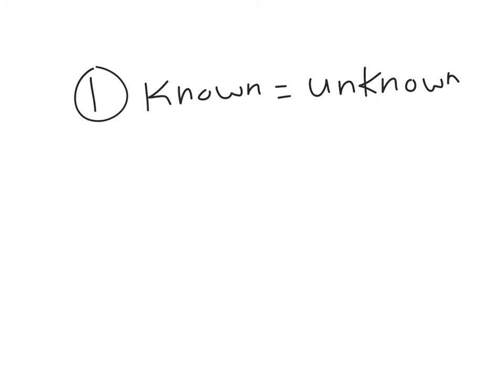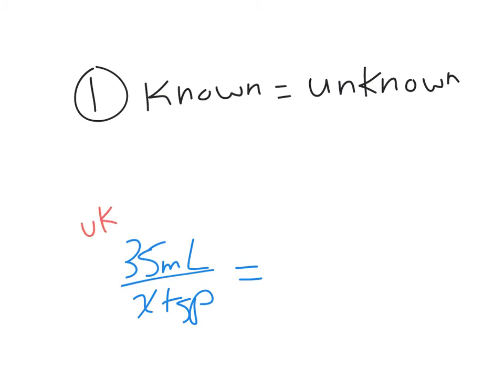On that previous problem, if I wrote down my question first, 35 milliliters over X amount of teaspoons, that would have been totally fine, because that whole question is the unknown. I'm just going to write UK for unknown, and the other side is going to be my K, my known.